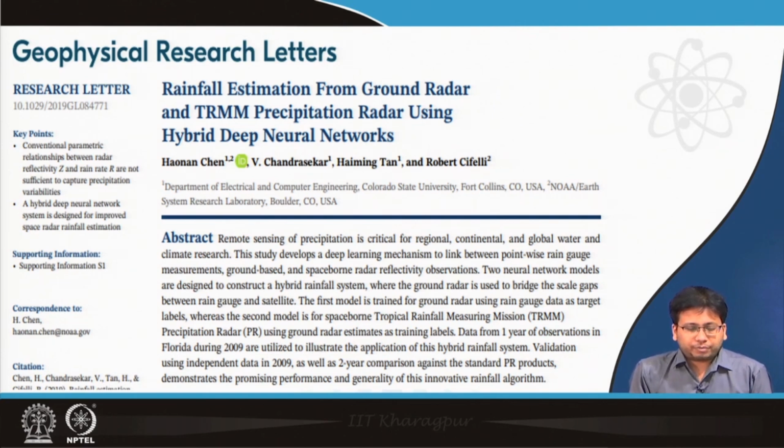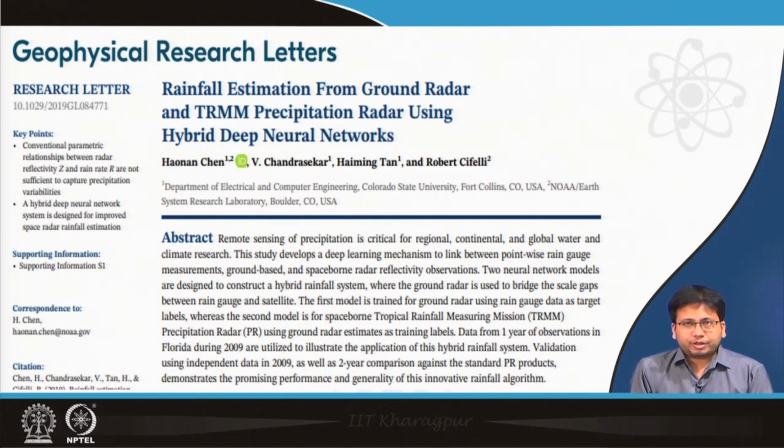Remote sensing of precipitation is critical for regional, continental and global water and climate research. This study develops a deep learning mechanism to link between point-wise rain gauge measurements, ground-based and space-borne radar reflectivity observations. Two neural network models are designed to construct a hybrid rainfall system where the ground radar is used to bridge the scale gaps between rain gauge and satellites.